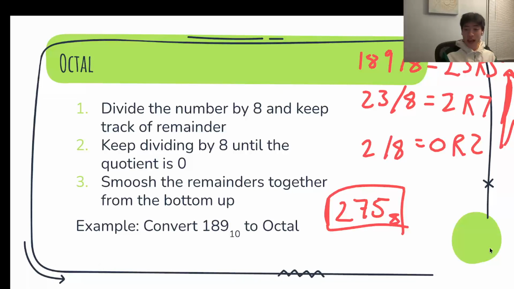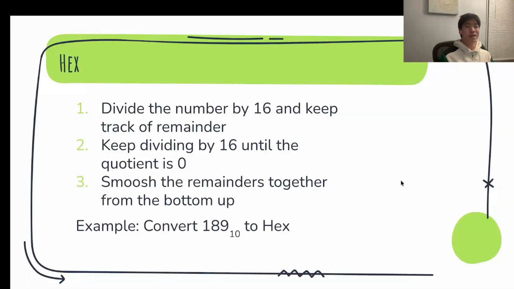And then once again, our trick works in hex. So let's do it. We have 189. 189 divided by 16 is equal to 11 remainder 13, I believe.